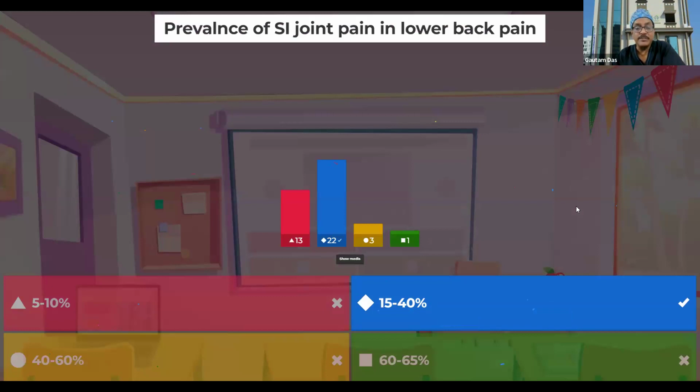Okay, majority of you have answered right, 15 to 40%. In the younger population, it is less. In the elderly, it is more. In the younger, it is mostly inflammatory because of ankylosing spondylitis. In the older, it is mostly because of degenerative conditions.